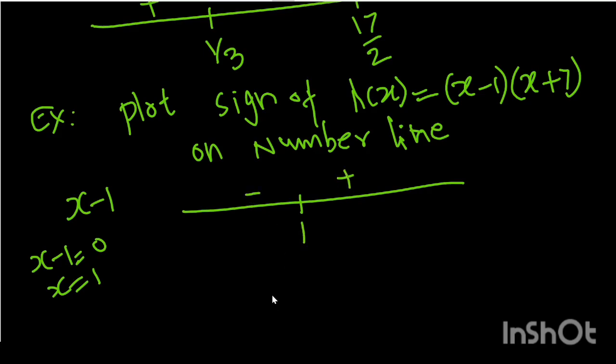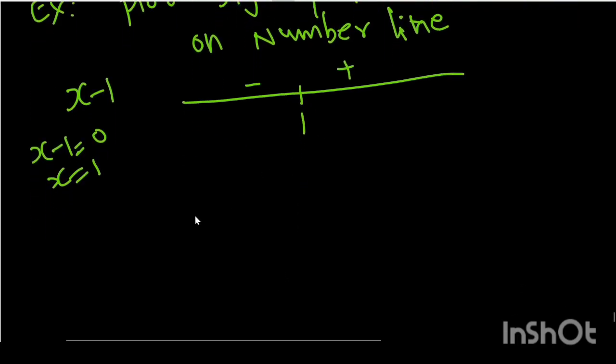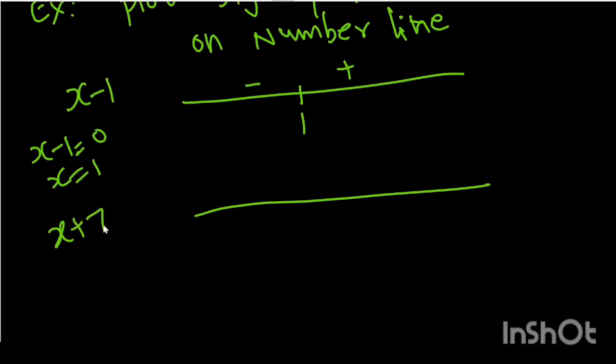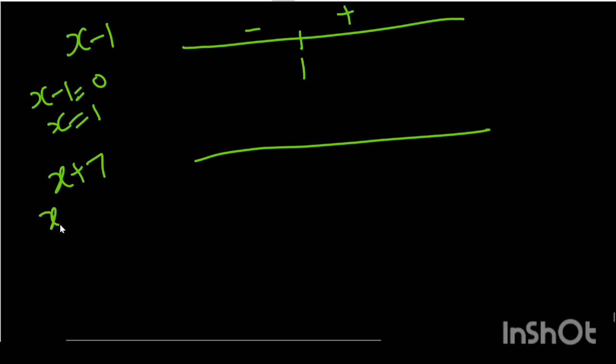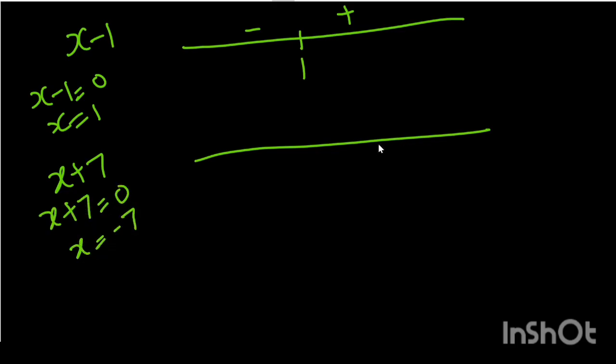Now for x plus 7, which vanishes when x plus 7 becomes 0, at x equals minus 7, I will plot minus 7 here. It is on the left side of 1, so I plotted it on the left side of 1. Again plus minus.